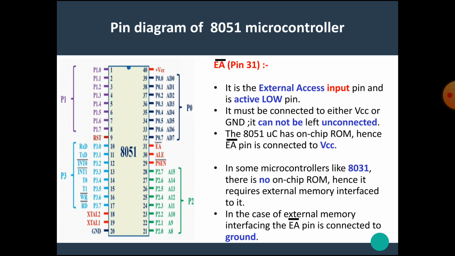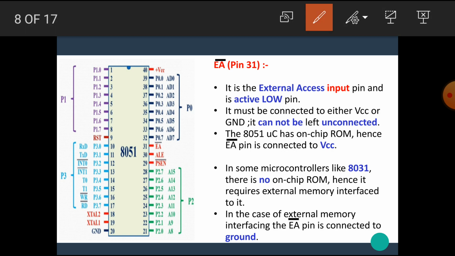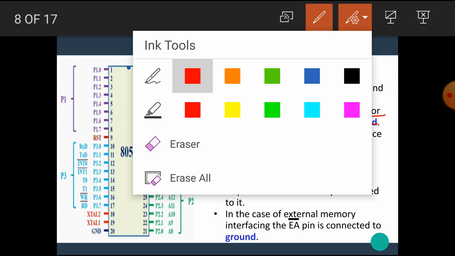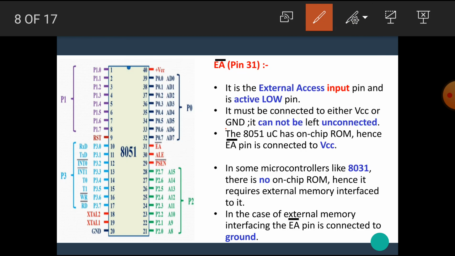Next, this EA pin must be connected to either VCC or ground. It cannot be left unconnected. The 8051 microcontroller has on-chip ROM, hence EA pin is connected to VCC. This is a very important statement here.